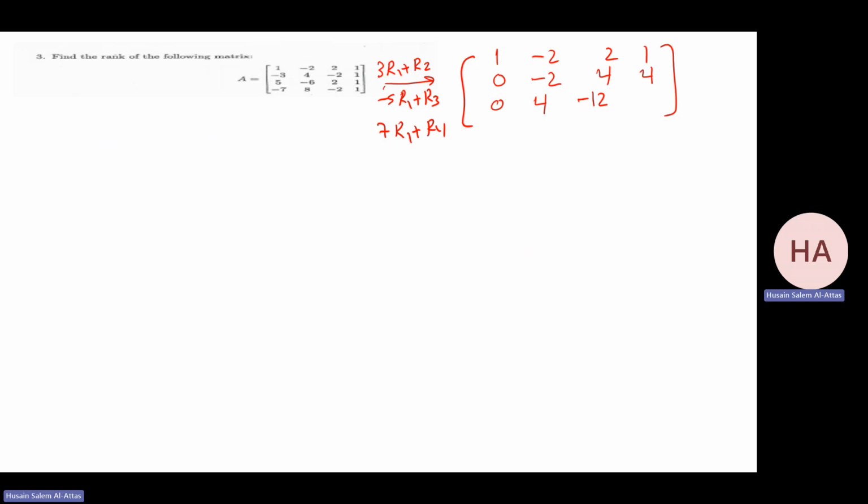Minus 5 plus 1, minus 4. Okay. 7 and add, 7 times 2 gives 14. Yeah, multiply by 7, not minus 7. So minus 14 plus 8, that gives me minus 6. Minus 14, minus 7. 14 minus 2, that gives me 12. Yeah, that doesn't look right.